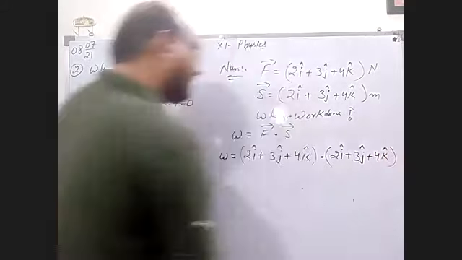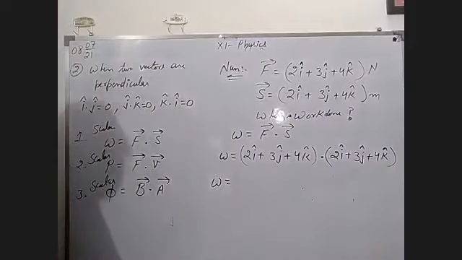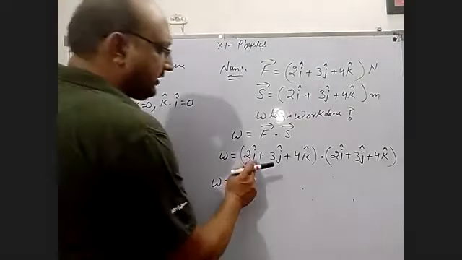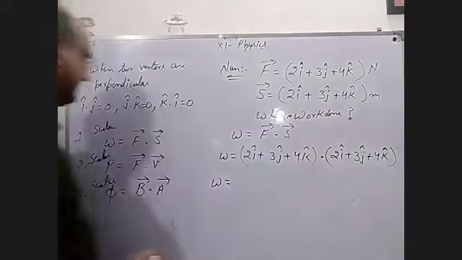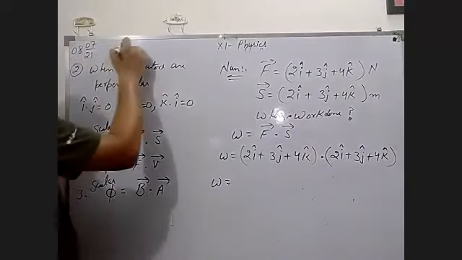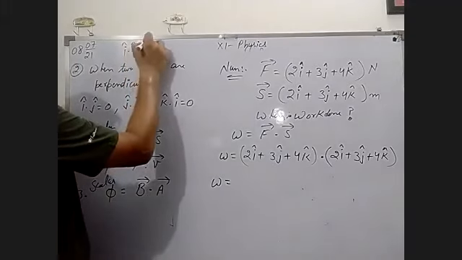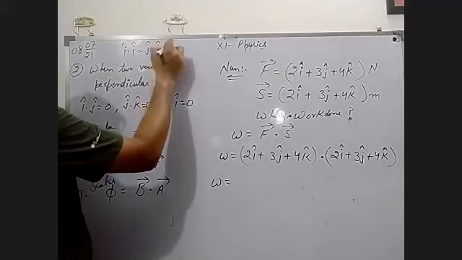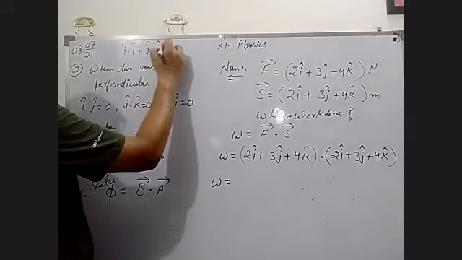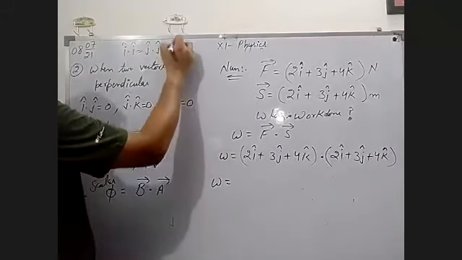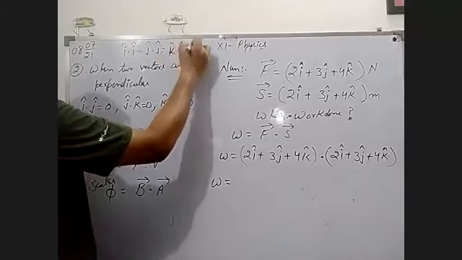Now, how can you multiply these two vectors in dot product? We know that i dot i is equal to 1. In dot product, i dot i, j dot j, k dot k is equal to 1.